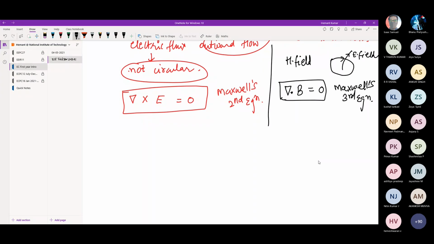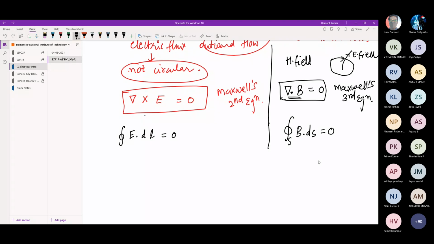You can apply the Stokes theorem and the divergence theorem to get it in integral form. If you take the integral on both sides, you will get the closed line integral of E dot dl equal to 0. Here you will get the closed surface integral of B dot ds, because here it is divergence, so you have to apply the divergence theorem.